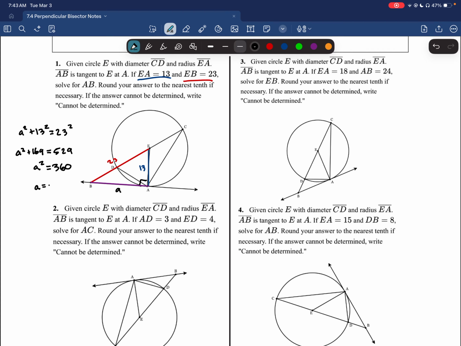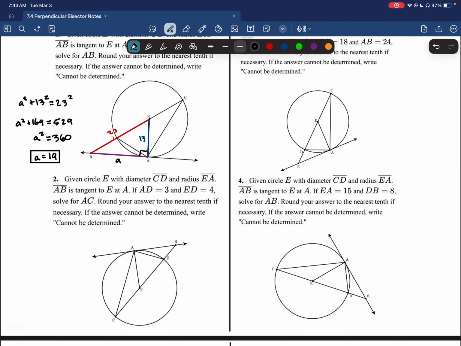All right. Question 2. Given circle E with diameter CD and radius EA, AB is tangent to E at A. Okay, so that means that this is a 90 degree angle. So we have a tangent line. It says AD is 3.